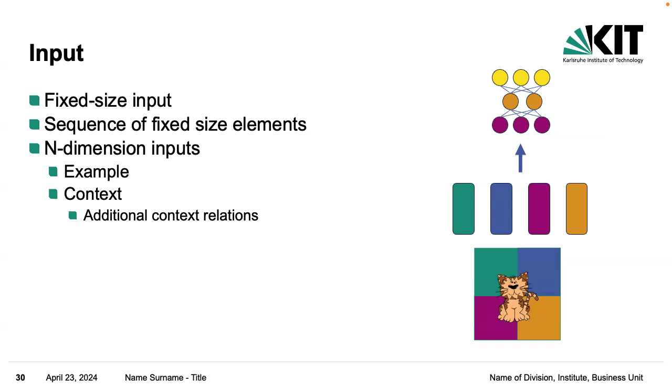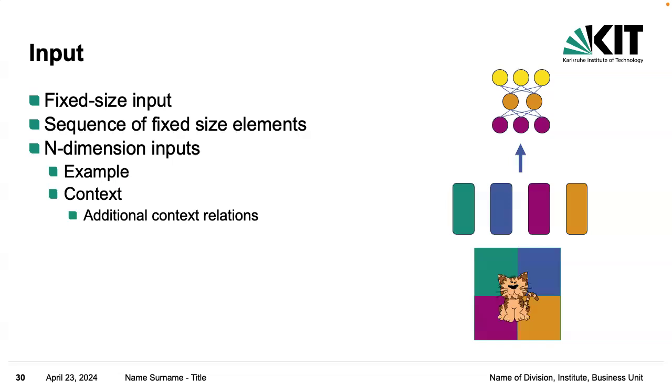But the difference in 2D, and then also in ND, is that you have more relations. Before we had only the relations before and after, and now you have more dimensional relations. Otherwise it's similar, and we'll see, for example, that a CNN is a typical example which you can use for one-dimensional and for two-dimensional, and it's used for both and has advantages in both.